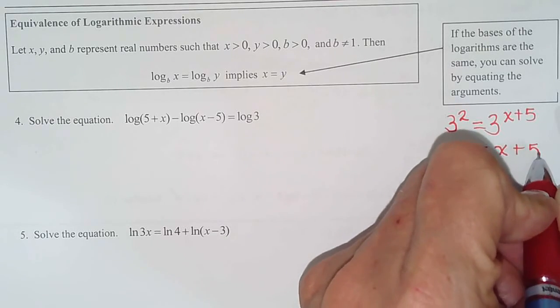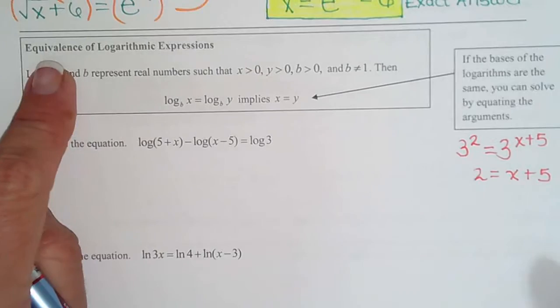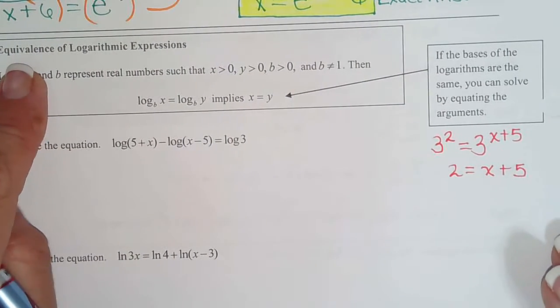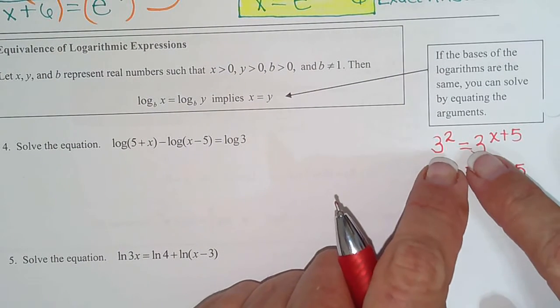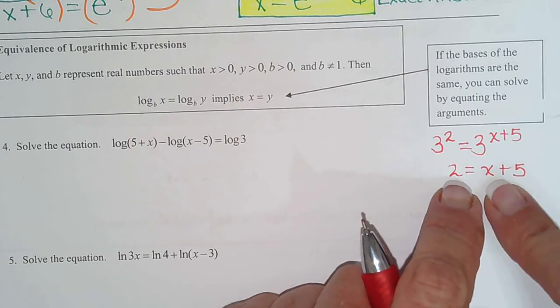That's called the equivalence of exponents property, just like this is the equivalence of log property. So if the bases are the same, solve by equating the exponents.